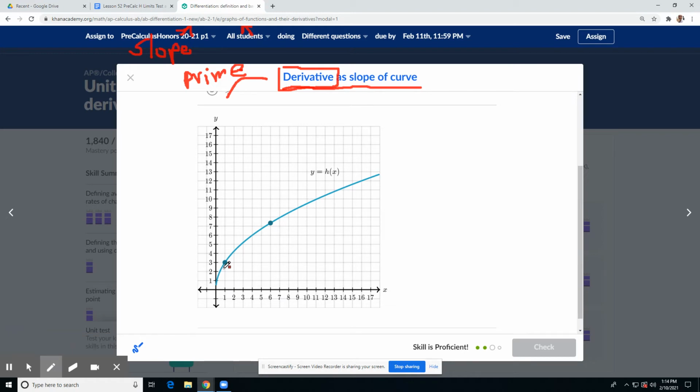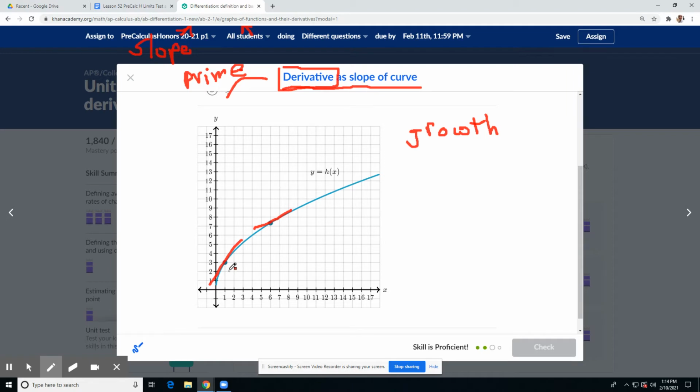So how steep is it at 1? So maybe like that. How steep is it at 6? Maybe like that. So if you notice, it looks like it's growing faster here and then it grows slower here. So this is also known as growth. So how fast is it growing?